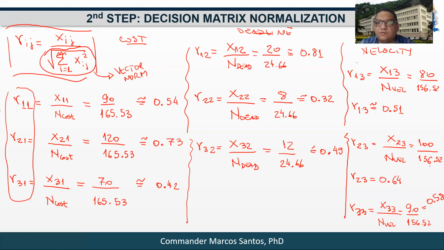So now we finish the second step. I have the decision matrix normalized. I'll construct the normalized decision matrix with all values together, and you can see. Let me take a little water because I'm thirsty.